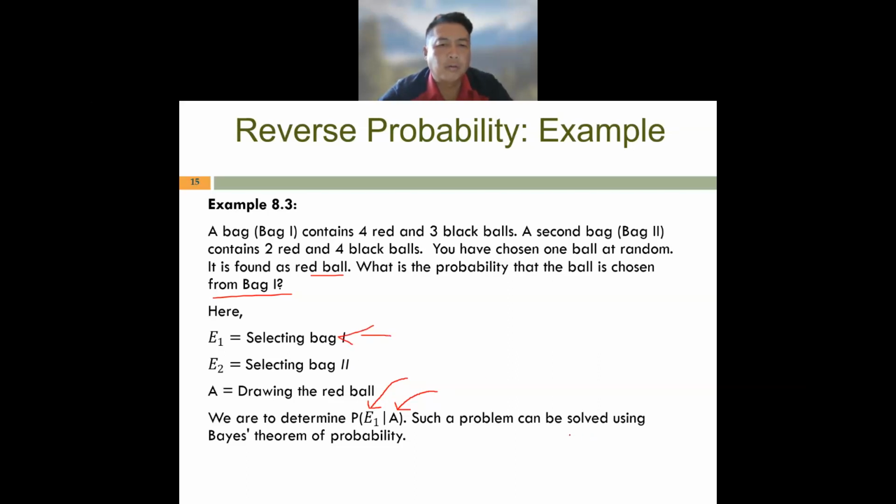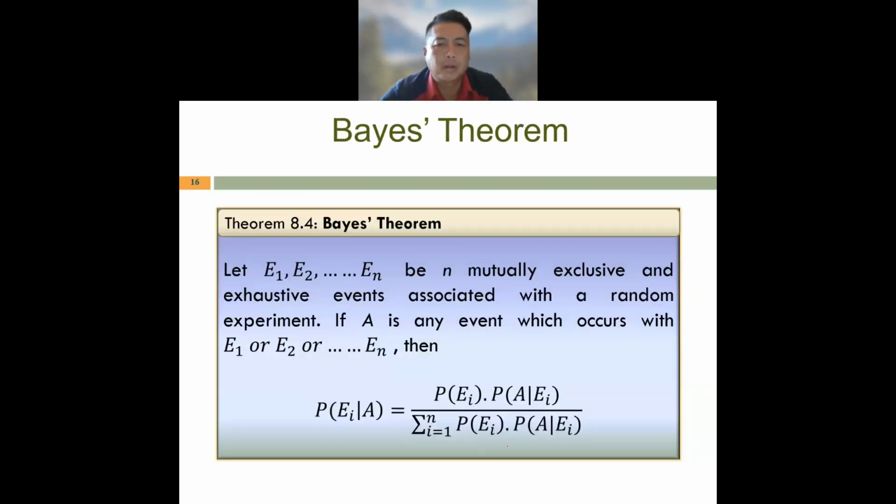For that one, we are using the Bayes theorem. The Bayes theorem says: let E1, E2, up to En be n mutually exclusive and exhaustive events associated with a random experiment. If A is any event which occurs with E1 or E2 or En, then we have the total probability.